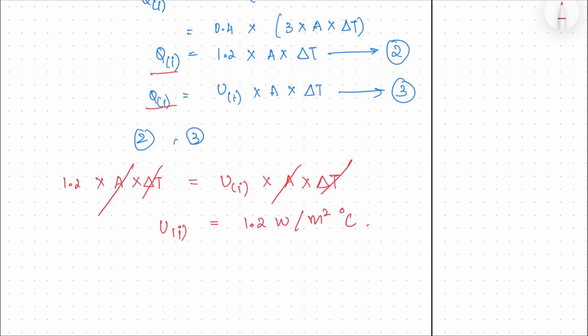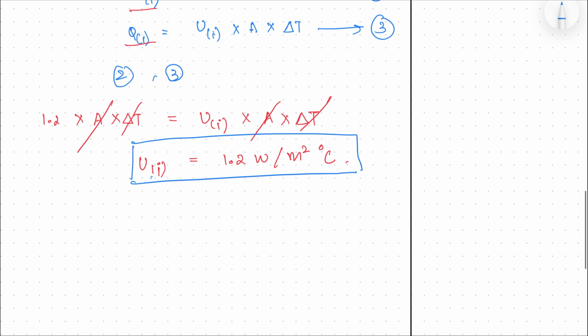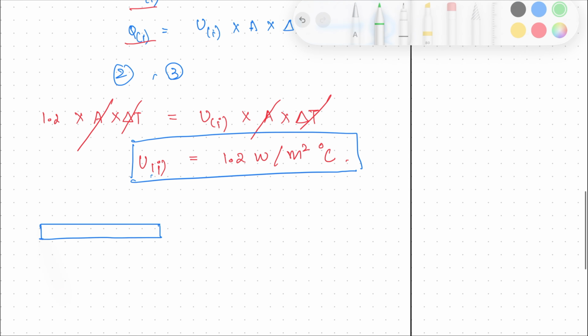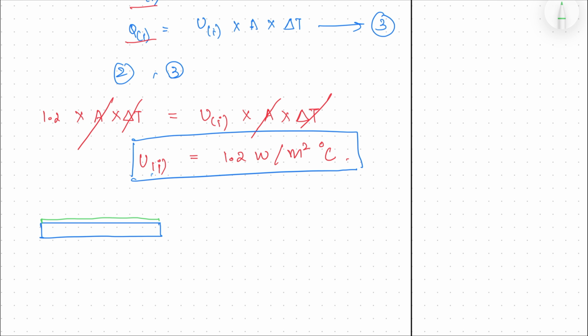But here comes the tricky part. They have asked us to find the U value of the insulation alone. This U value is the U value of the roof which is insulated, so it is a composite. It has the U value of the roof alone and the U value of the insulation layer as well, right? Let me draw it here. Basically this is your roof, and above this is your insulation layer.